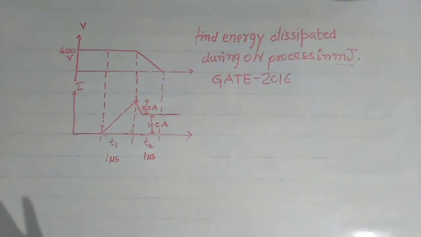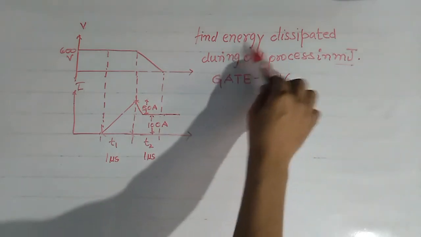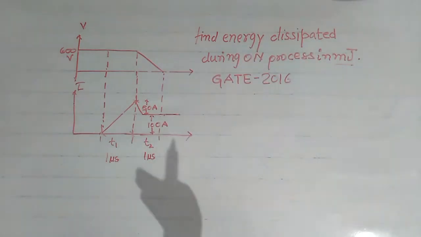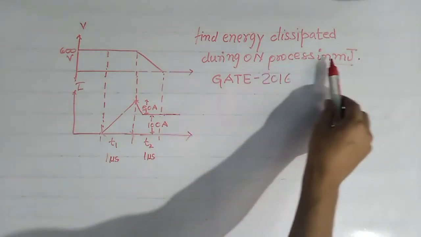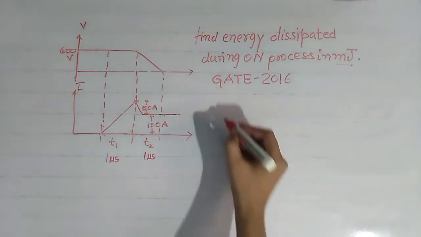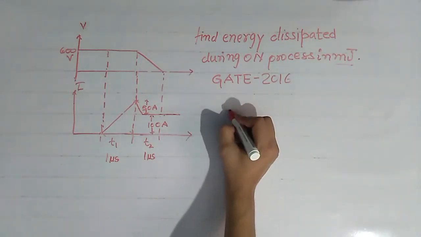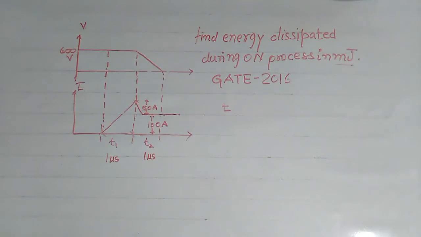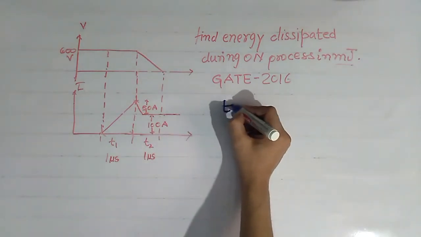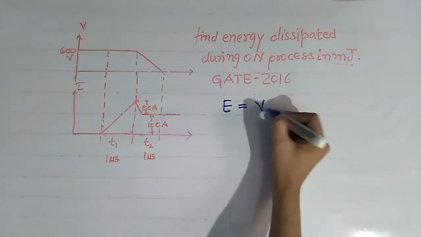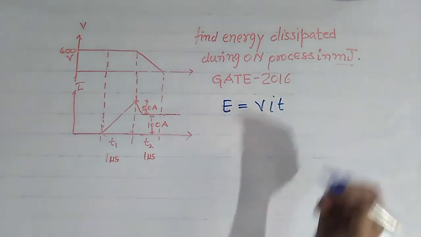So this process is clearly turn on. Now we have to find the energy dissipated, or we can say that we have to find the switching energy losses, and we have to find switching losses in millijoule. So we know that energy E is given by VIT.